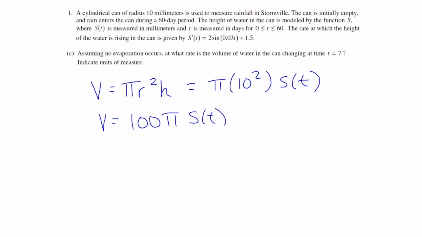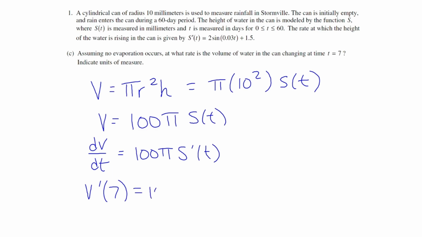And so we're looking at what rate is that volume changing. So we need to take the derivative of this with respect to t, which it's all in terms of t, so that's easy enough. dV/dt is just equal to 100 pi times s prime of t. And if we're doing this at 7, right, V prime of 7 is just going to be 100 pi times s prime of 7.